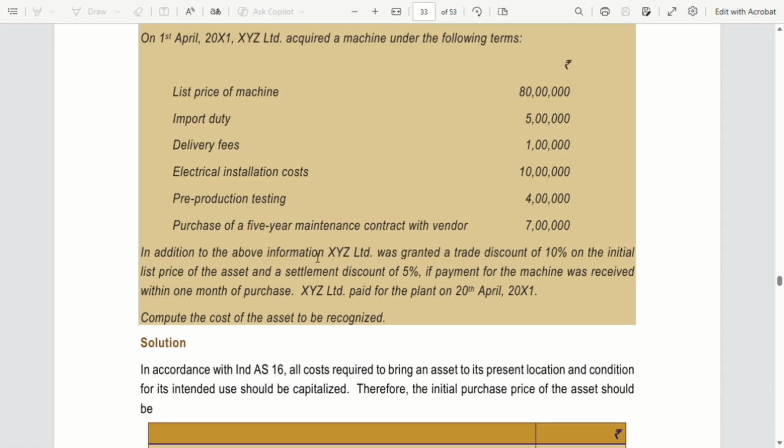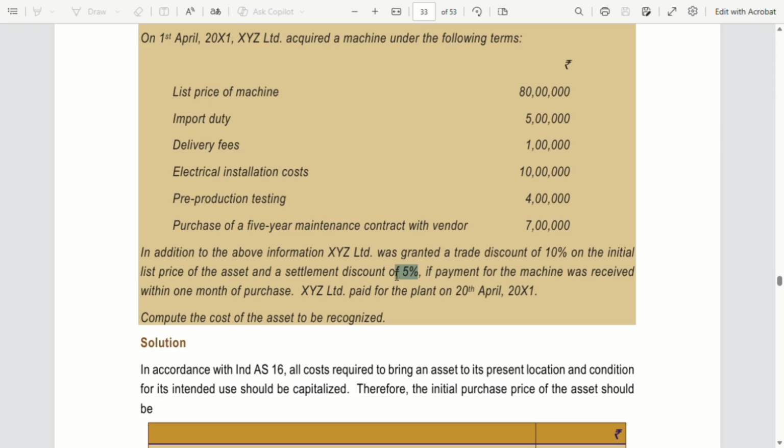In addition to the above information, XYZ Limited was granted a trade discount of 10% on the initial list price of the asset. So we are going to reduce this 10% discount from the list price. And a settlement discount of 5%.